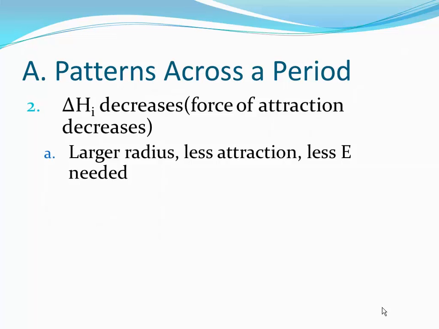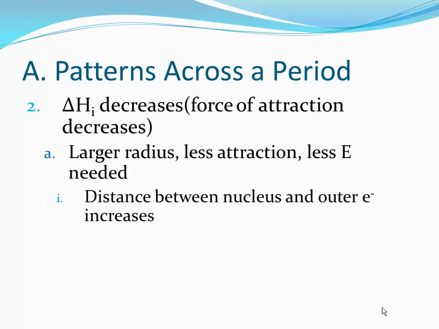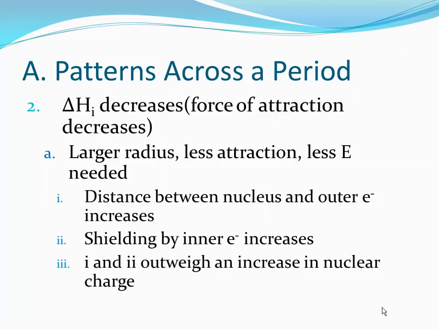A larger radius means the electrons are further away from the protons, so you can remove that electron more easily. The distance between the nucleus and outer shell increases. The shielding by inner electrons increases, so the force holding the inner electrons is strong and the outer one is more easily removed.